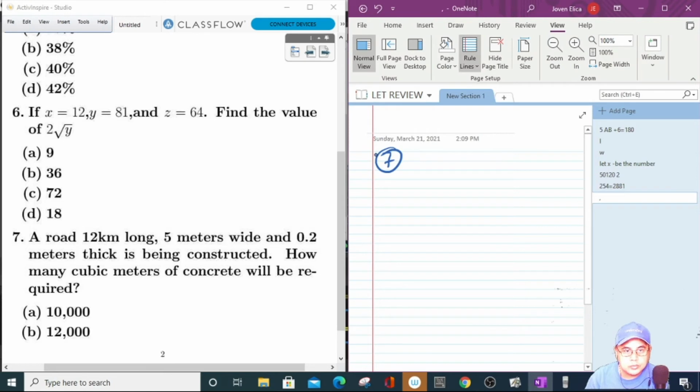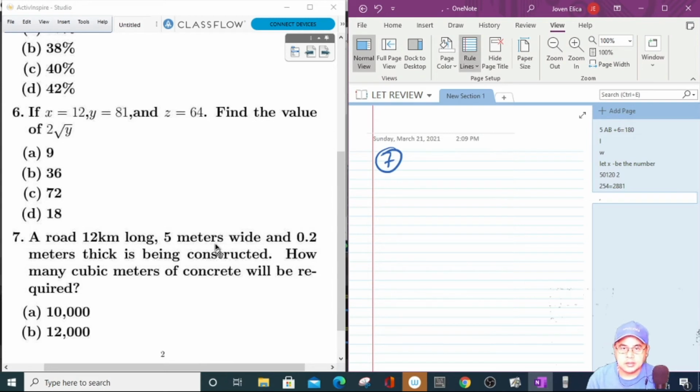A road 12 kilometers long, 5 meters wide, and 0.2 meters thick is being constructed. How many cubic meters of concrete will be required?